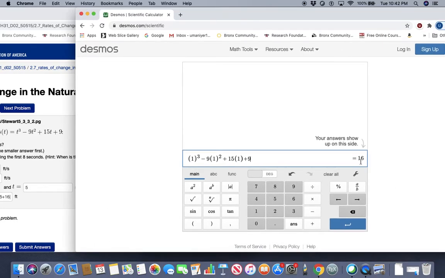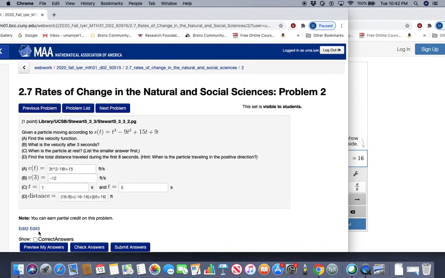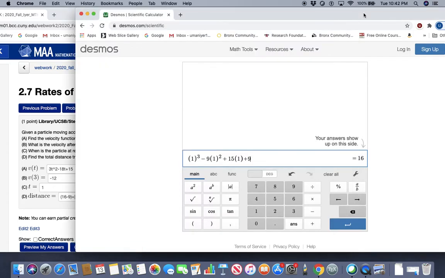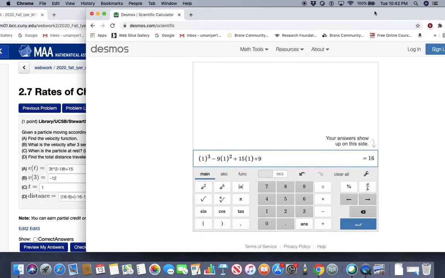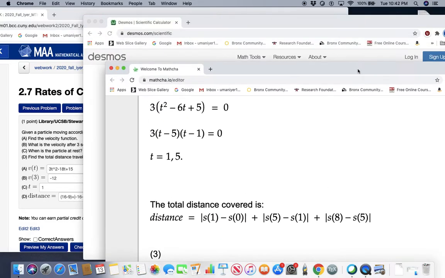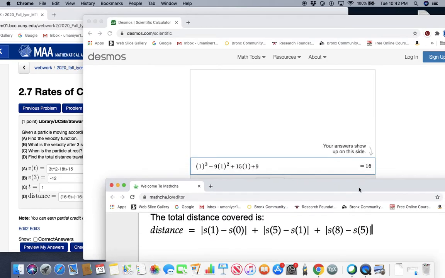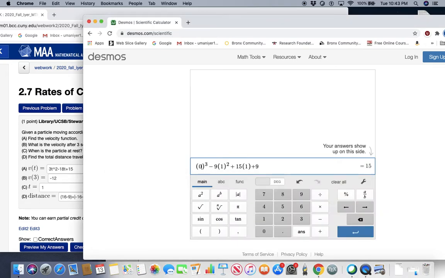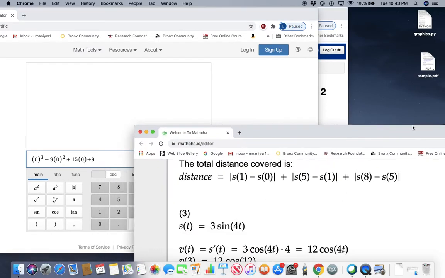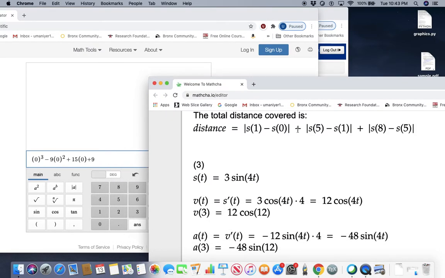That gets me 16. So that was s of 1. When I plug in 0 for t, I get 9. That is s of 0. All right, absolute value, plus.